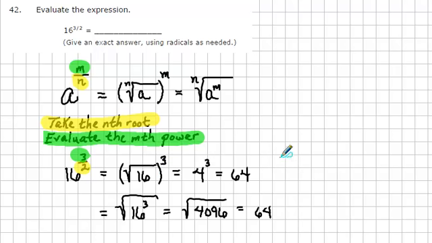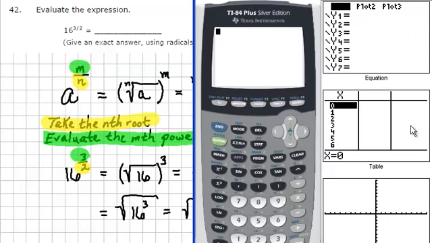Your calculator can also evaluate rational exponents. So let me illustrate that real quickly for you. On your calculator, just enter the expression 16 raised to the 3/2 power. The only thing to be careful about is to make sure that you put the 3/2 exponent in parentheses.